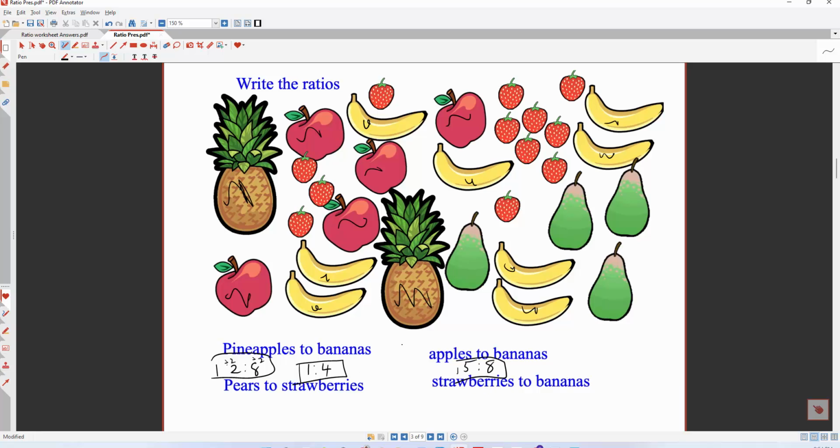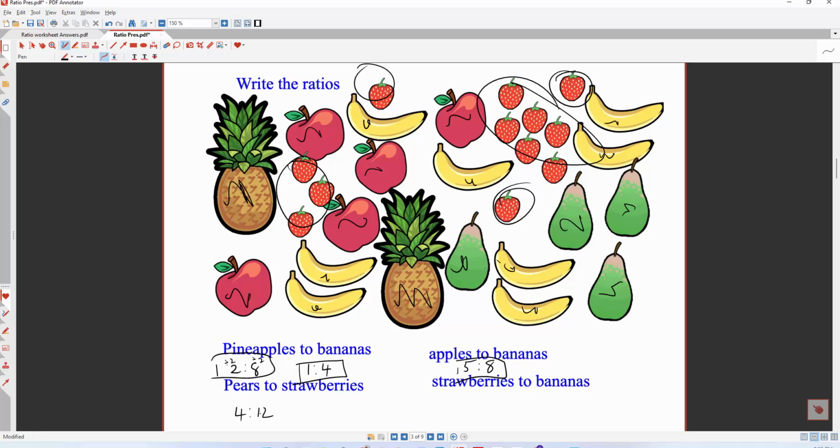Okay, pears to strawberries. So what do we got in terms of pears? We got 1, 2, 3, 4. Is there any more? No. So 4 pears to how many strawberries? 3, 4, 5. What's that? 5 and 6 is 11, and 1 is 12. So 4 to 12. Now we can simplify this ratio.